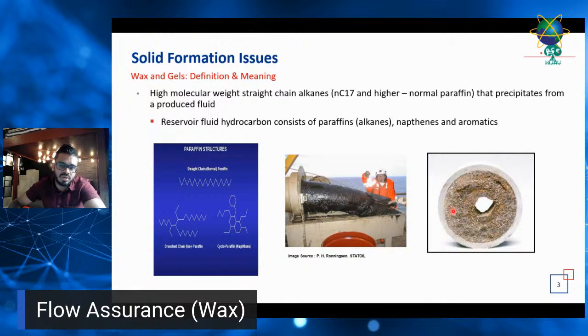So basically your wax tends to age, and it tends to get hard. At the same time, you have formation water as well in your flow line, and your formation water consists of scales. So it combines with your scales, and it forms a hard wax in your pipeline.